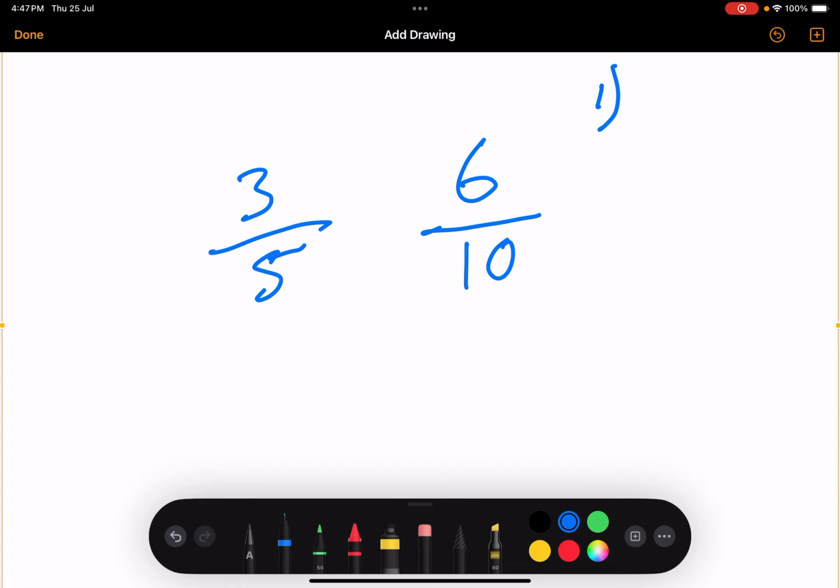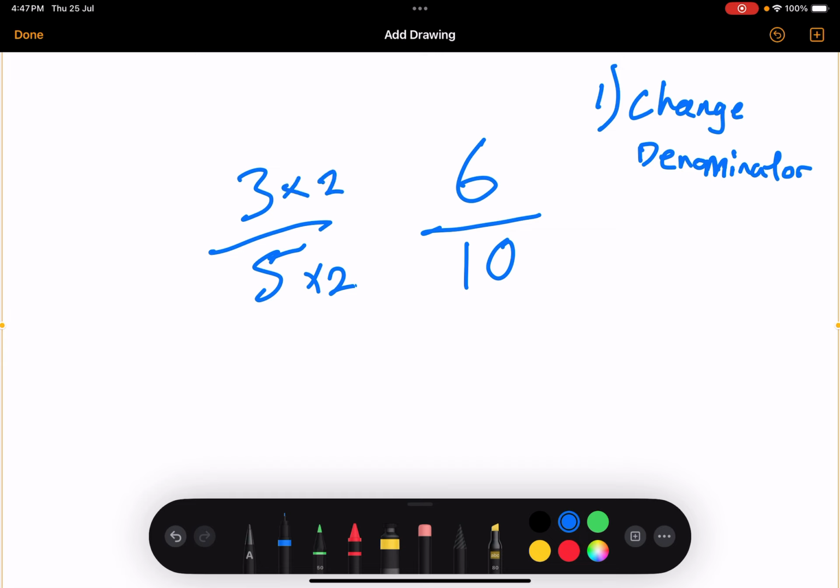The first choice is to always change the denominator. Okay, so let's say we change the 5 to a 10 by times 2. And whatever you do to the bottom, you must do to the top.